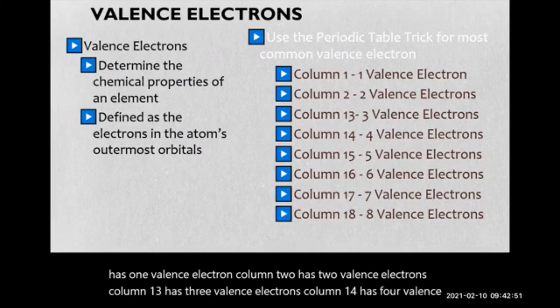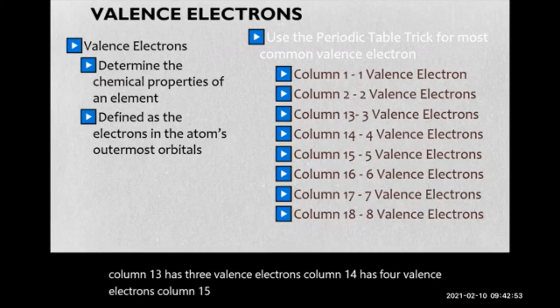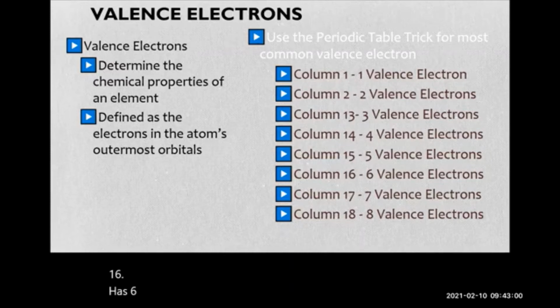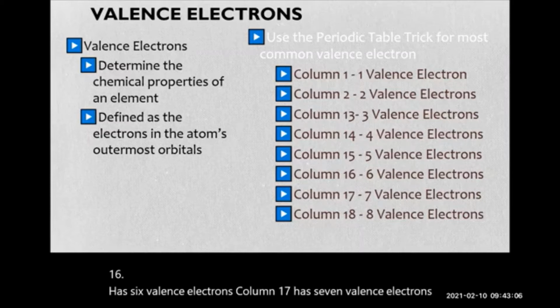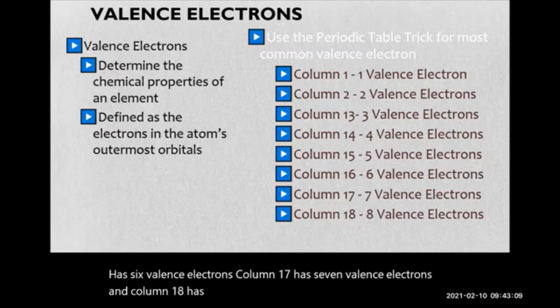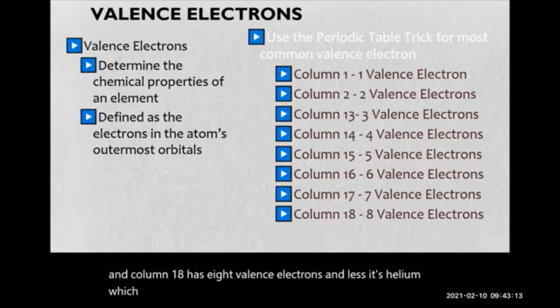Column 15 has 5 valence electrons. Column 16 has 6 valence electrons. Column 17 has 7 valence electrons, and column 18 has 8 valence electrons, unless it's helium, which has 2 valence electrons.